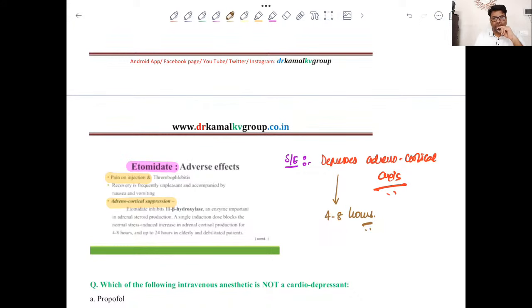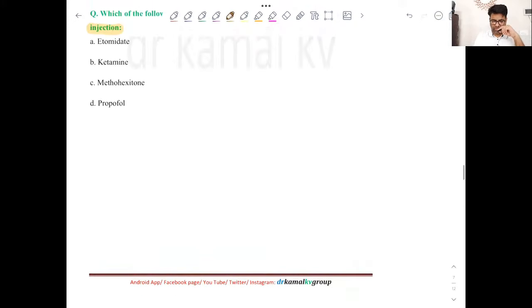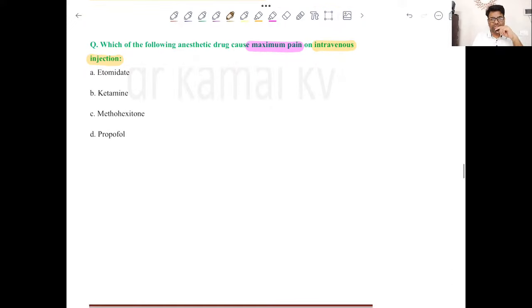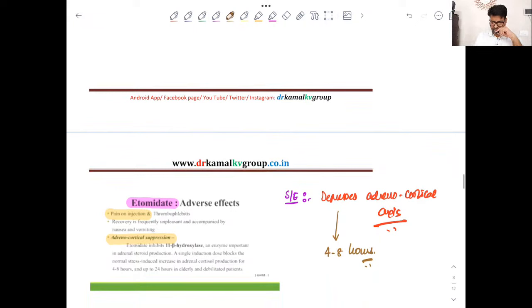So don't give this particular IV anesthetic agent, especially in a case of Addison disease, who is already facing insufficiency of the adrenocortical axis, because this will just aggravate the condition, right? So there are just two important points which I want to share regarding etomidate: maximum pain on IV injection and suppression of the adrenocortical axis, although it resolves by around 8 hours, right? So please remember etomidate.